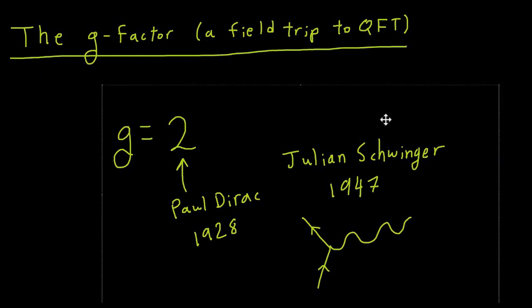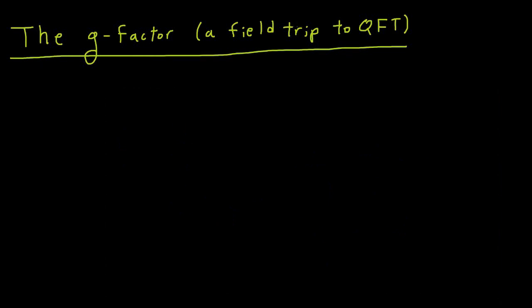So in order to calculate the G factor in which a lone electron interacts with the electromagnetic field, you want to draw all of the Feynman diagrams in which a single electron comes in and out, which is denoted like this, and a single photon comes out. So in this shaded circle here, we want to draw all the Feynman diagrams which have these three external legs. Now, I'm not going to tell you all the Feynman rules, but I will tell you one Feynman rule.